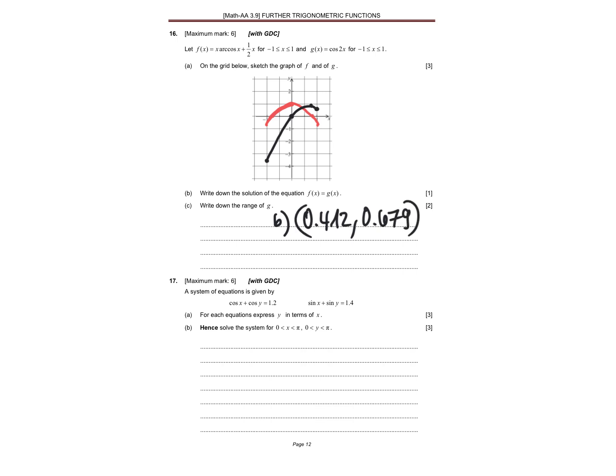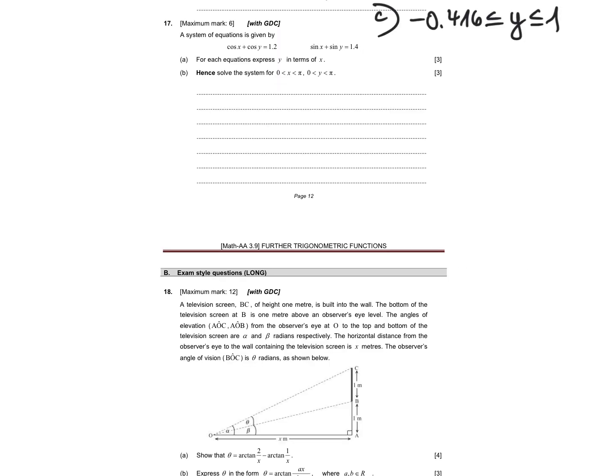Since it's a solution, you just want the x value. So 0.412. And then for C, the range of g, which is the cosine function, is going to be from -0.416 to 1.